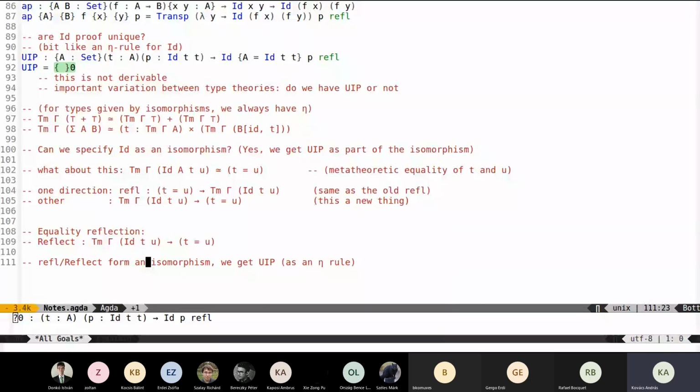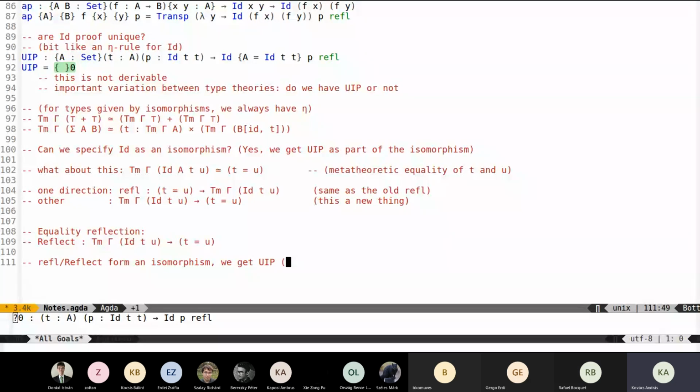Is that correct, Rafael? If the meta theory doesn't have UIP, then we don't get internal UIP. Is that correct? I think that's correct. Yes. You would expect not to, because you would expect it to somehow inherit the properties of the meta theory, the equality, if they're isomorphic. So it's a good question.